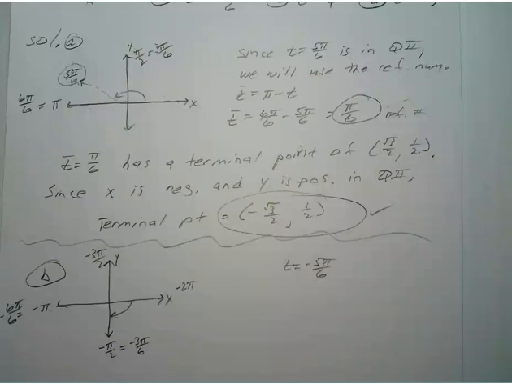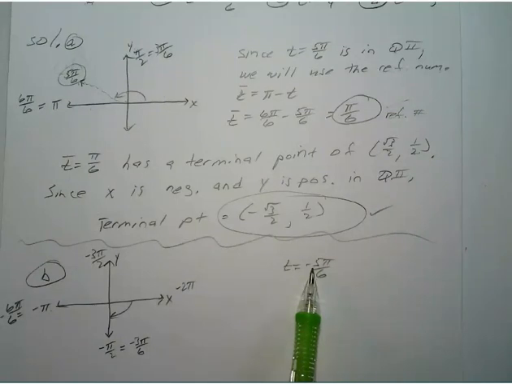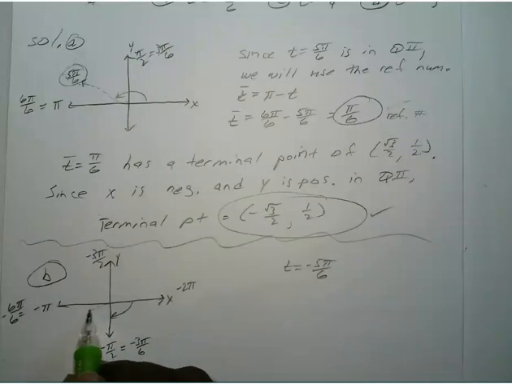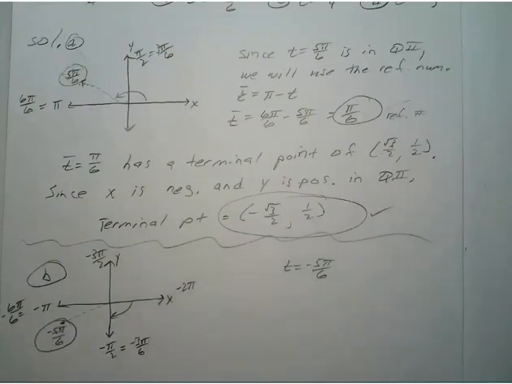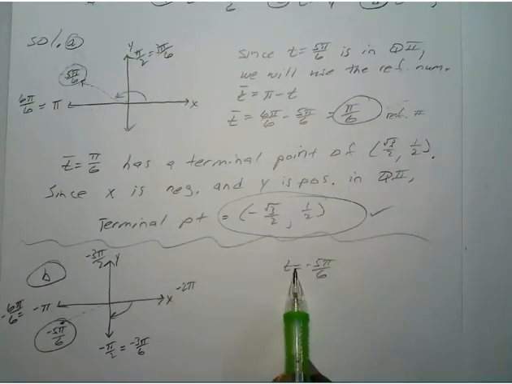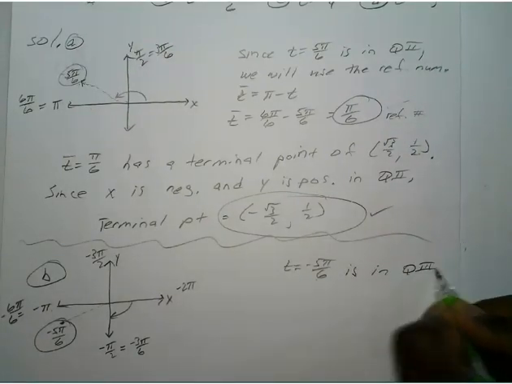All right, well, we really don't have to go any further because it's between negative 3 and negative 6 that we will find our negative 5. Okay, so we know negative 5π over 6 is somewhere in here. Again, it doesn't have to be perfectly graphed. We just need to know the quadrant. Okay, so we know that t equals negative 5π over 6 is in quadrant 3.